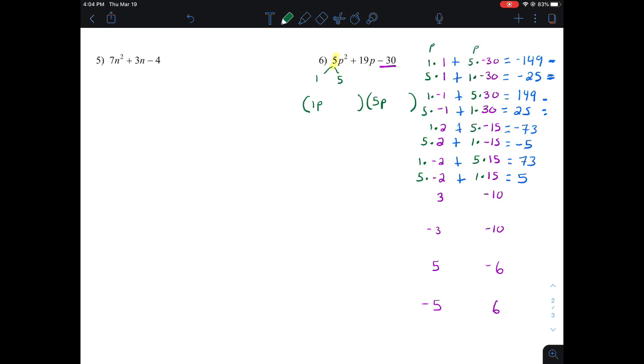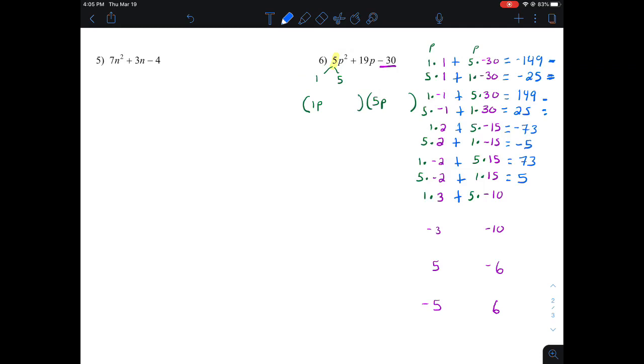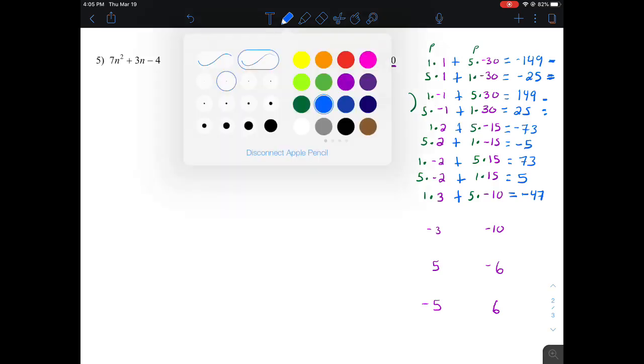3 and negative 10. So if I multiply 3 by 1, negative 10 by 5, add them together, I would wind up with negative 50 plus 3, negative 47. Ooh, that's not it. Well, let's try to change the numbers around and see.